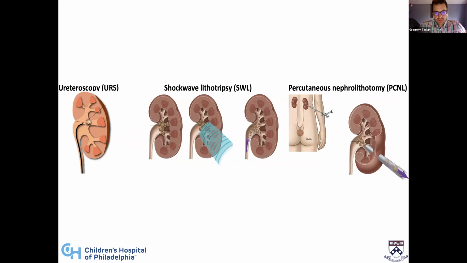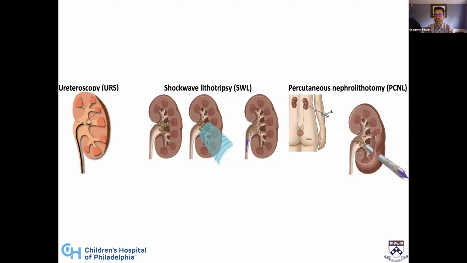The second is called shockwave lithotripsy, the so-called blasting of the stone, which is not an invasive procedure, but rather uses shockwaves that are generated outside of the body and focused on the stone, that then turns that stone into small particles that pass spontaneously down the ureter and are then eliminated through voiding.